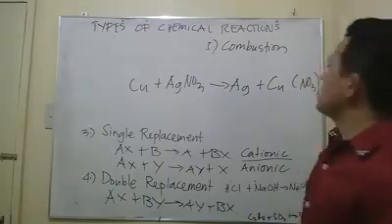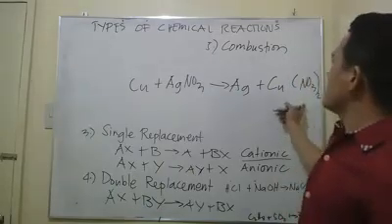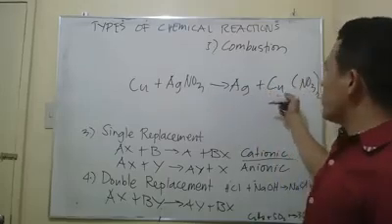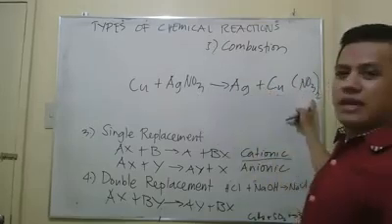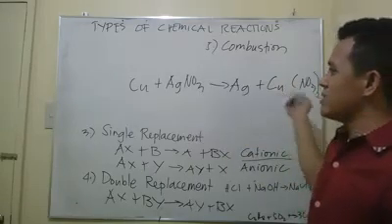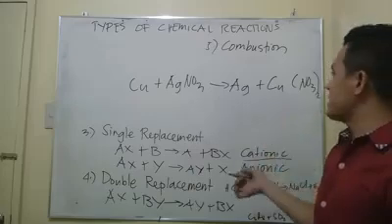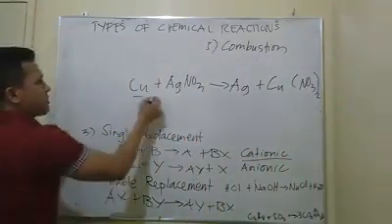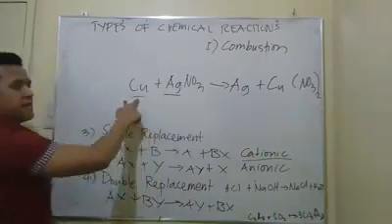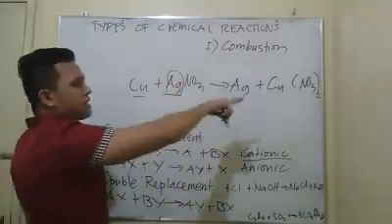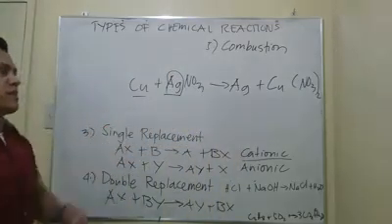Later on I'll be discussing why NO3 here has a subscript of 2. I'll discuss those when we do the balancing of chemical equations. Look at that: copper replaces cation silver in the products.